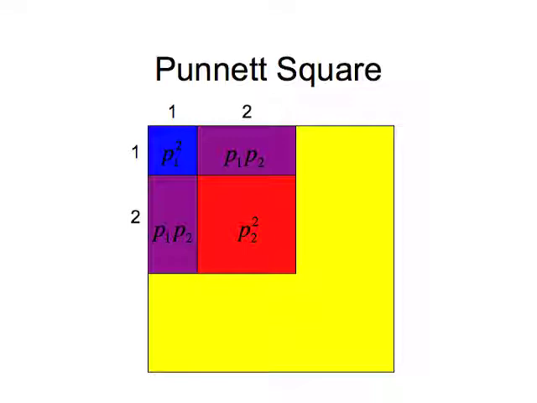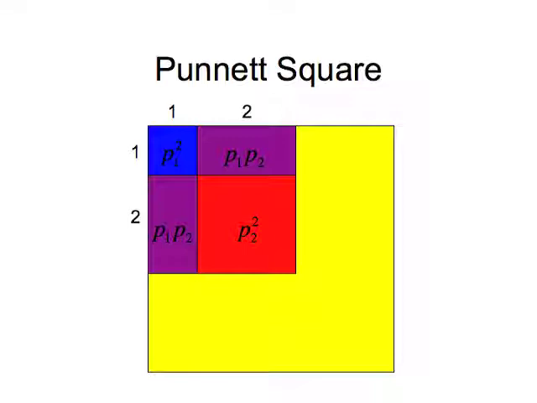Here's a Punnett Square, which, as you know, represents the probability of different allele pair combinations in genetics. We're focused on the 2 alleles, 1 and 2, and yellow represents the other alleles that we're not talking about right now. Suppose that the probability of seeing allele 1 in the population is p sub 1, and that the probability of seeing allele 2 in the population is p sub 2, and so on for the other alleles.